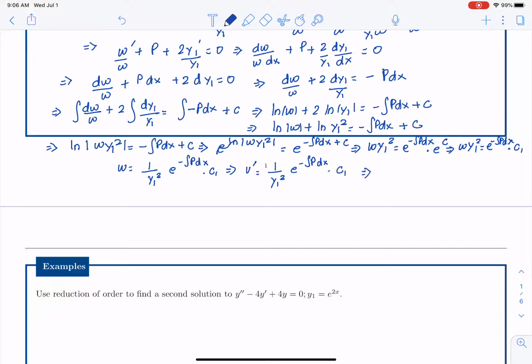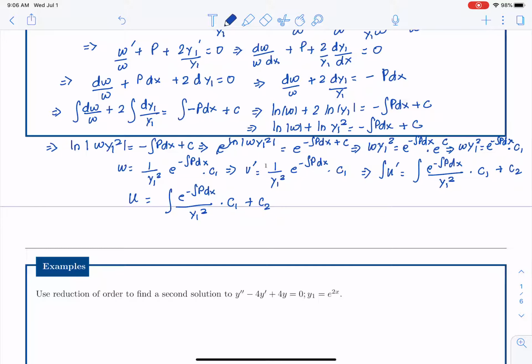So we would have integral u prime equals integral e raised to negative integral p dx divided by y1 squared, multiplied by the constant c1, and we would get another constant c2. So integral of u prime is simply u, and that would equal e raised to negative integral p dx divided by y1 squared times c1 plus c2. So we've found the solution for u.